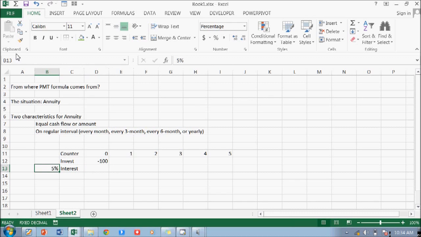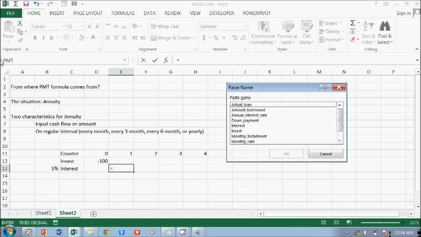Just put this name, interest or rate. So I just put 100 as the invest. You can put the name invest if you want. So I just put F3.